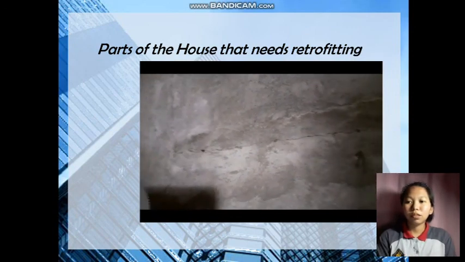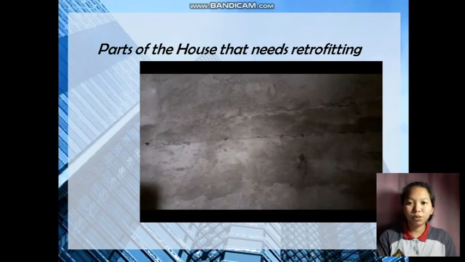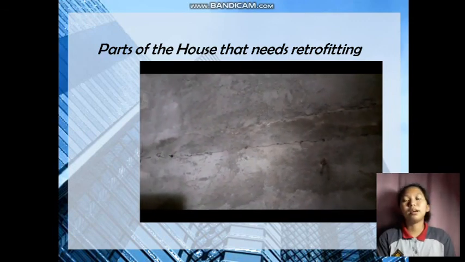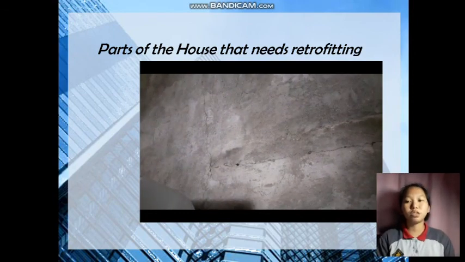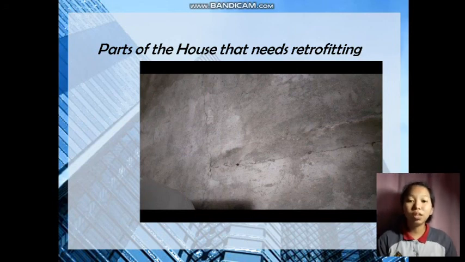So pwedeng gamitin na retrofitting technique or method dyan is the first one is the crack fill method or the injection of grout and epoxy. Then, the next one naman is the ferrocement.